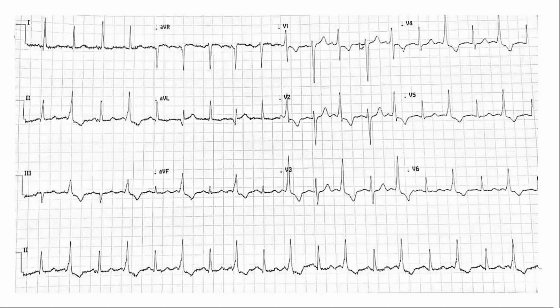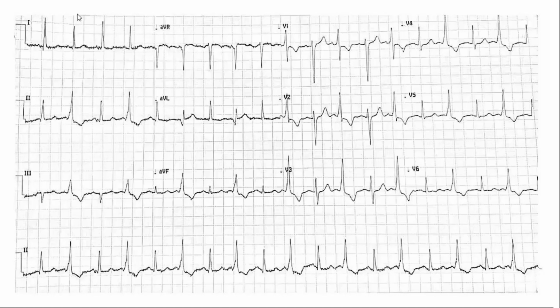So is this a WPW alternans phenomenon? Okay, good. So this was a pathway. Now you see, I've shown you in the previous lecture, there were PVCs in a bigeminal pattern.